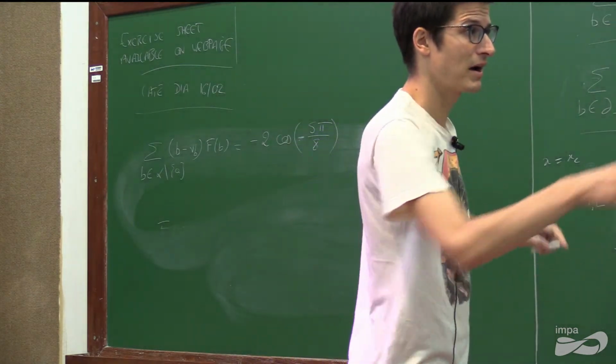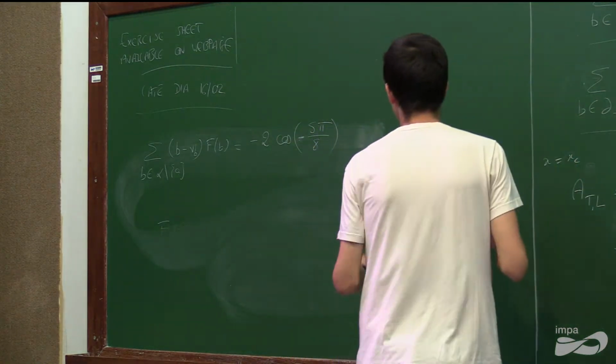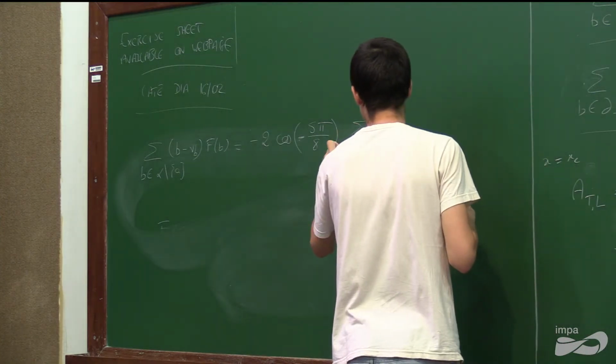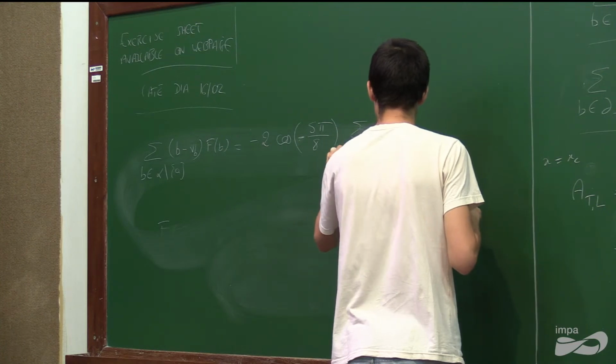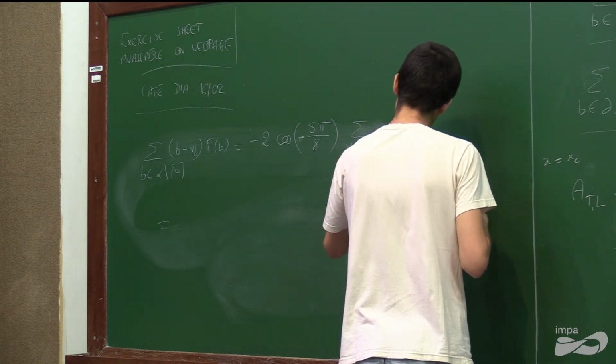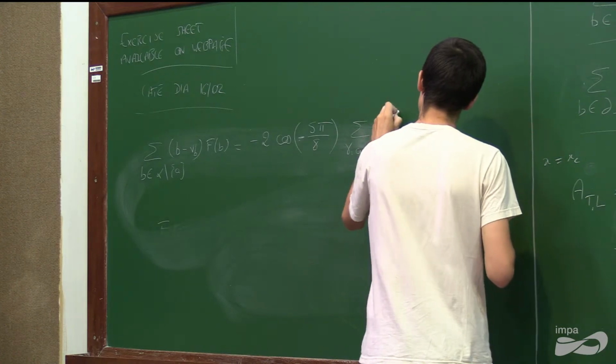This is where I take the real part. And then I get the sum over gamma from a to alpha plus of x to the L gamma.